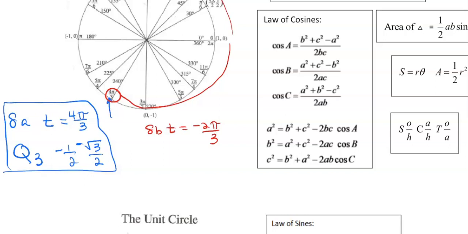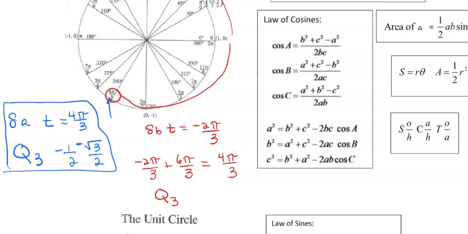Let's say that I'm not comfortable traveling in a negative direction. Take your angle and use your coterminal knowledge: add a full circle, which I'm going to add as 6 pi over 3, and that will get me 4 pi over 3, which is the exact same angle I got to by thinking in a negative direction. So that quadrant is quadrant 3.